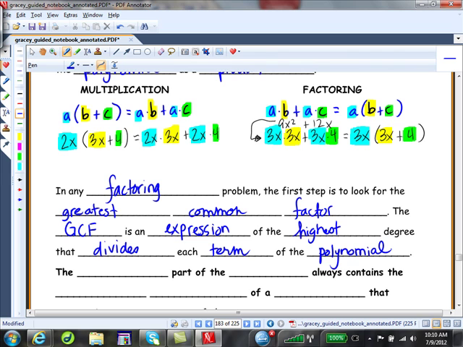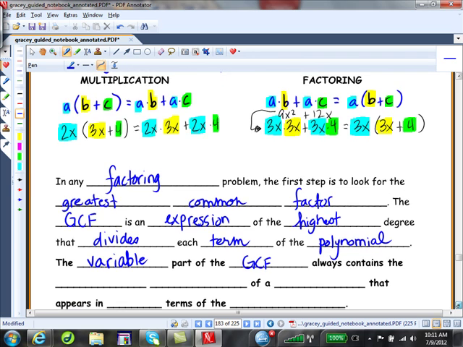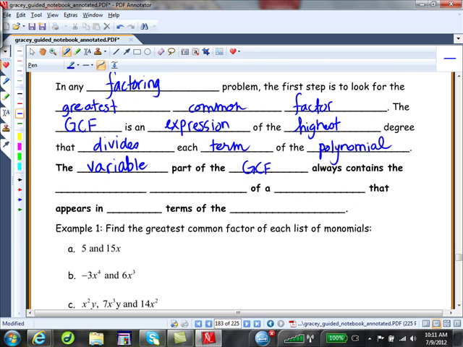The variable part of the GCF always contains the smallest power of a variable that appears in all terms of the polynomial.